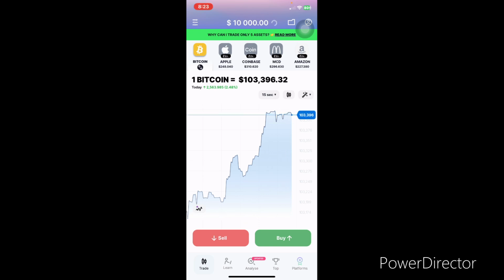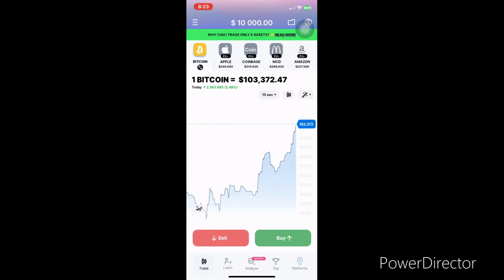After your analysis, if you think BTC is going to drop, then you sell, so that when it drops you gain from it. Or when you think it's going to rise, you buy, so that when it rises you also gain from it.